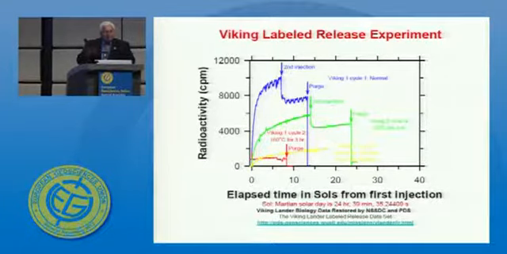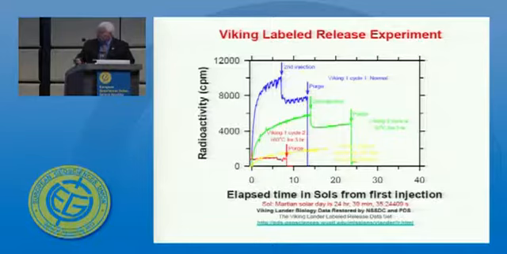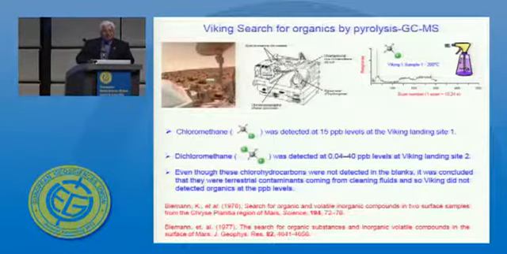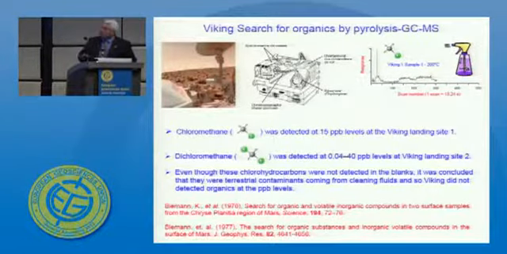However, as I told you before, there was a fourth experiment that has nothing to do with biological activity. It just intended to look for organics in the Martian soil. And since all living organisms on Earth are built of organics, it was logical to look for organics to see whether there was life. The results were very surprising. There was no detection of organic compounds on the Martian surface.